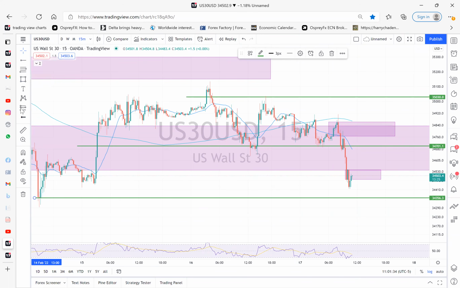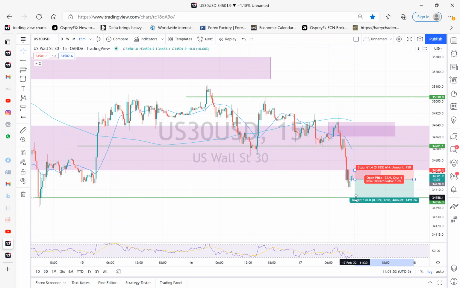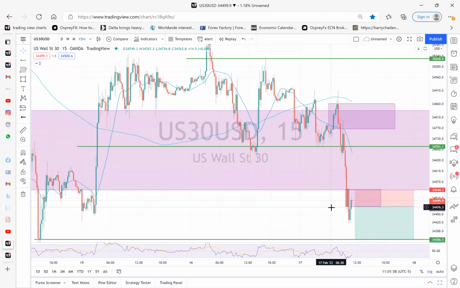So if I was taking this trade right now, this is what my trade would look like. That's how my trade would look.